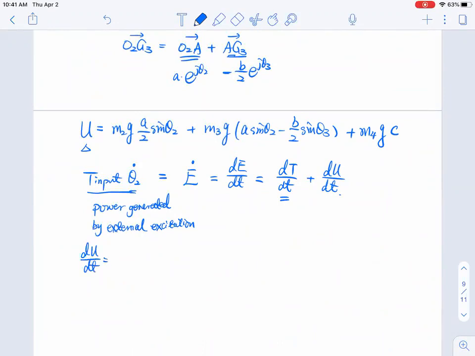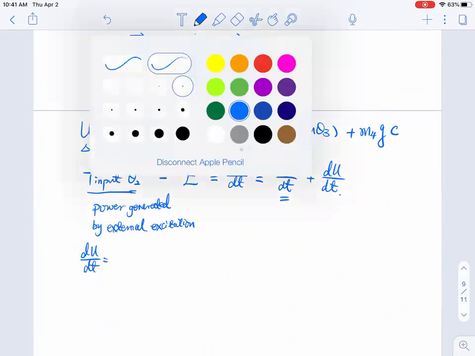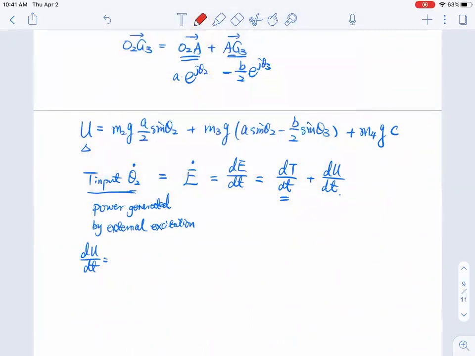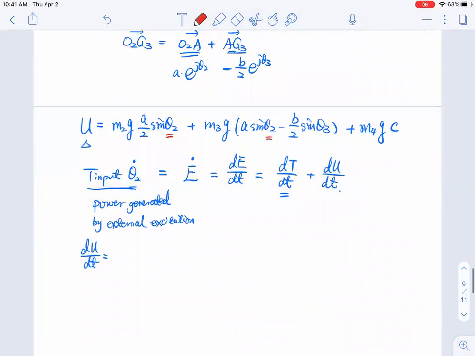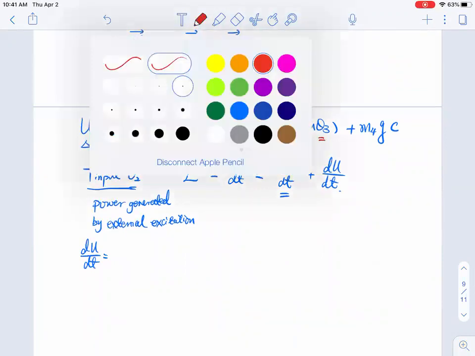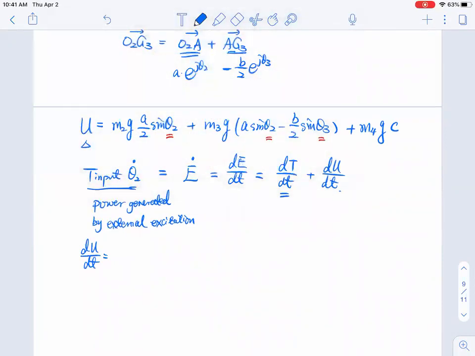When you want to calculate a time derivative, you need to find all the time dependent variables. So your mass is constant, gravity is constant, length is constant, your theta 2 is changing, and theta 3 is changing, right? So that means you only need to calculate the time derivative for these angles. So let's focus on the first one. It's M2G half A, sine becomes cosine theta 2, and then one more time derivative, theta 2 dot.